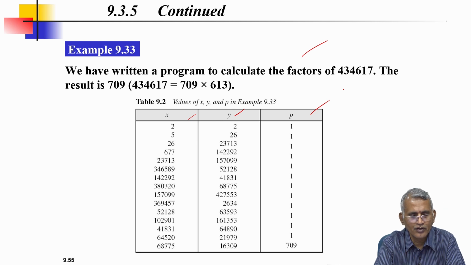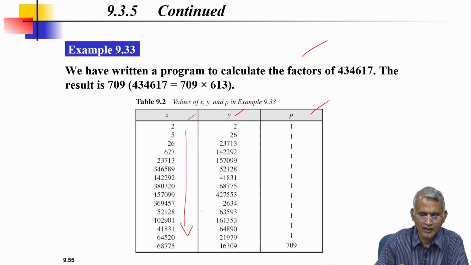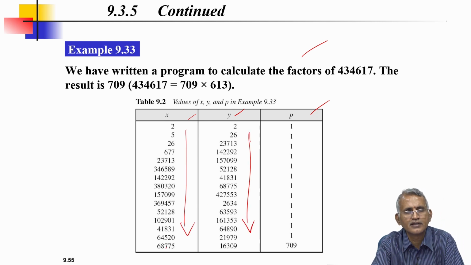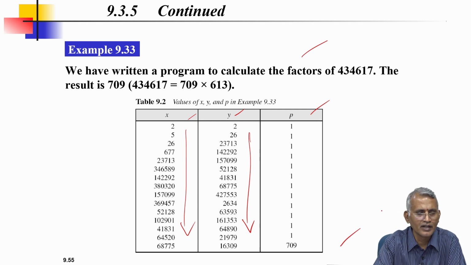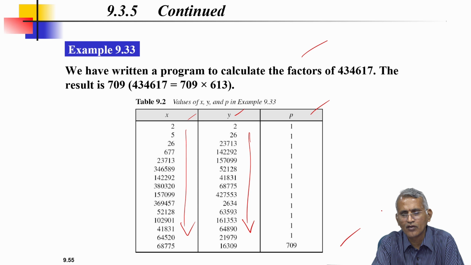Similarly, if you go for x equal to 5 and y equal to 26, we have p 1, and proceeding in this way, then we have a corresponding x value 68775 and y value 16309, then we have a p value of 709.